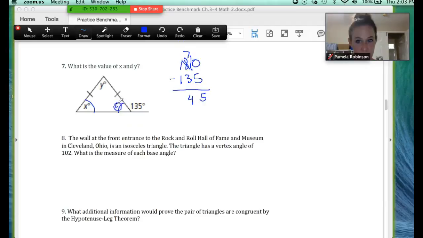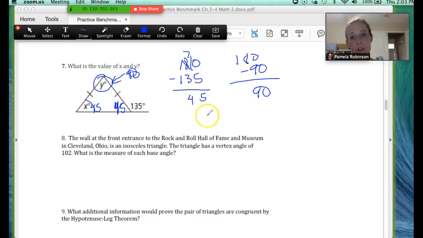And here, if this is 45, that's a 4, not a 9, then this is 45. And 45 and 45, and I've got 180 minus 45 to get this. So 90 is 45 plus 45, and if I do 180 minus 90, you guys should just know that it's 90. So I have 90 for that. So my x is equal to 45, my y is equal to 90. Know your theorems, and you can figure this out really easily.